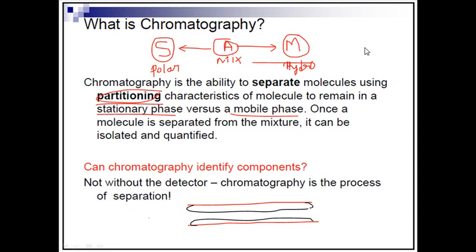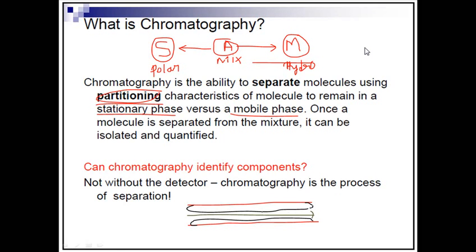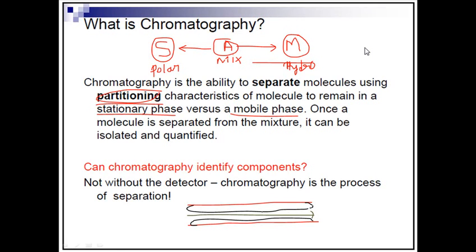The mobile phase is going in this direction, and we have the stationary phase on both sides. If we have hydrophobic molecules in the stationary phase, and we also have a hydrophobic mobile phase, which is here, then if both the stationary and mobile phase are hydrophobic in nature, they can interact with each other.